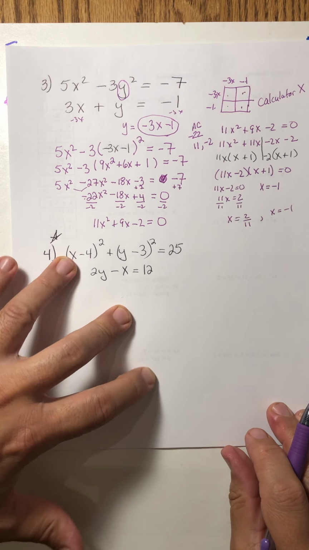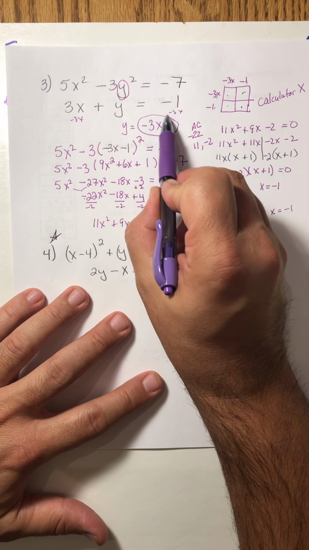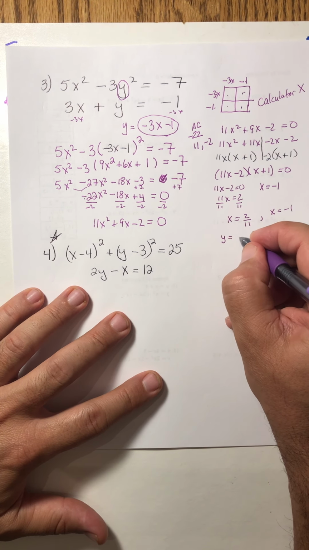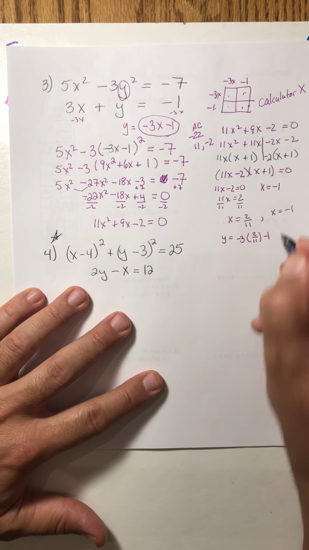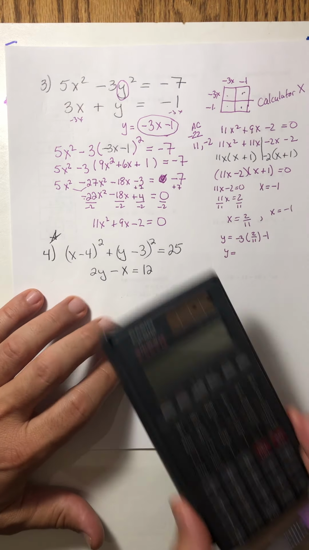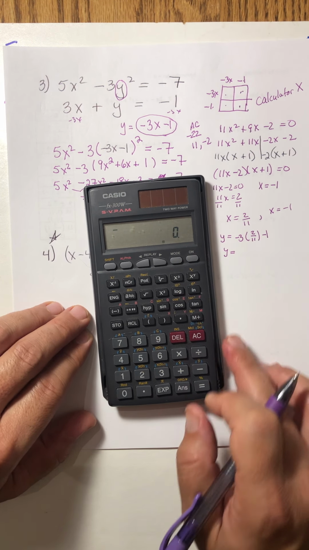Now we got to find y. That's right. I'm going to use this one right here. So y equals negative 3 times 2 over 11 minus 1. I'm just going to type that right in my calculator. I have a nice scientific calculator right here that will do the job for me. It helps if I turn it on.